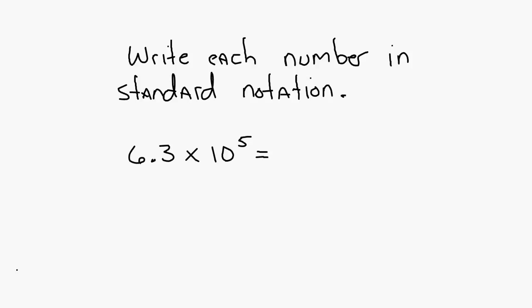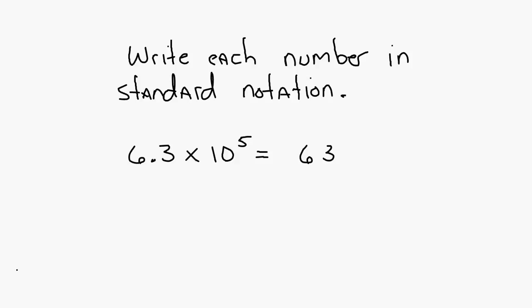The easiest way to do this is to take the number, the 6.3, and just rewrite it without the decimal. So it's going to be 6 and a 3. Put your pencil where the decimal is. And since this 5 is positive, it's got to move to the right 5 places.